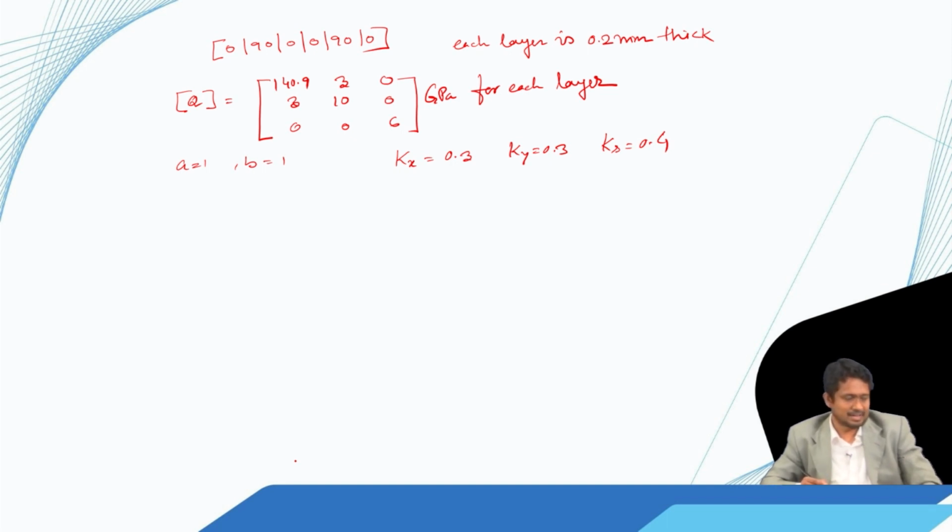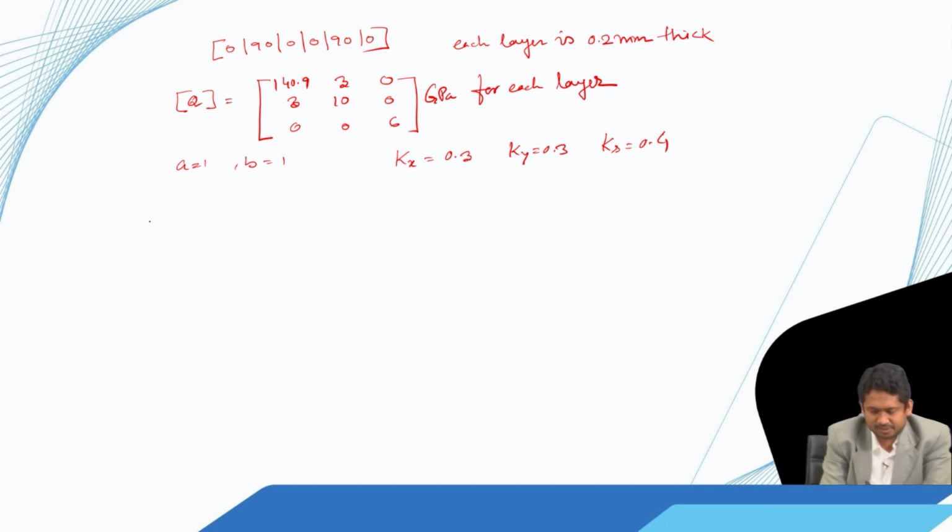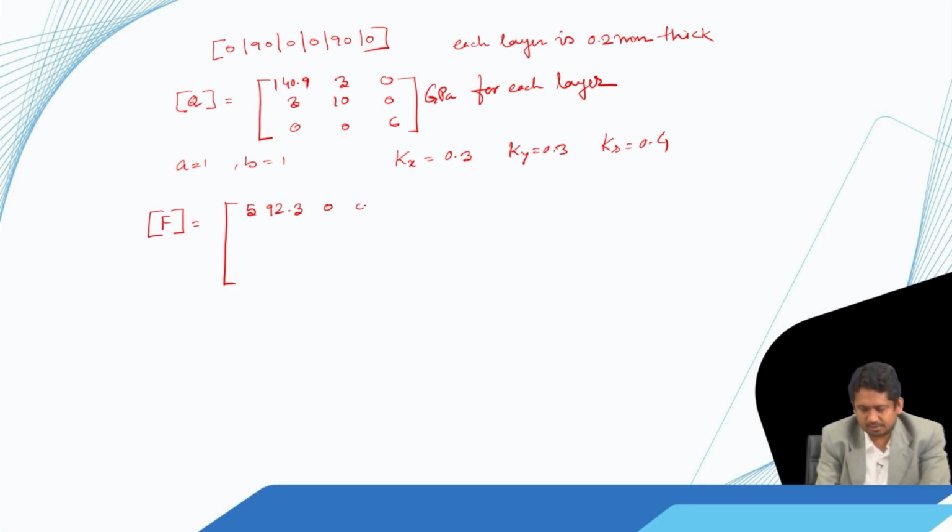So, with that the F matrix that we get is this. We have 5, 92.3, 0, 0, 0, and then we have 0, 4 7 5 0, and then we have 0 0, again 0 0 4 7 5 0, 0 and 0 0 0, and we have 9 4 7 6.